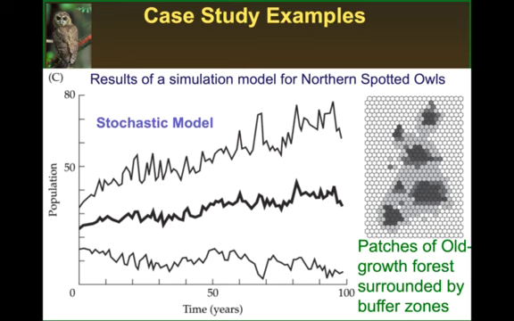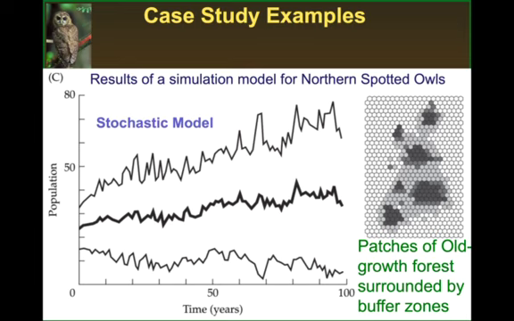The lower 95% confidence interval actually decreases down close to zero after 100 years, while the upper 95% confidence interval tends to increase over that time. And so there's a lot more uncertainty with this configuration than there would have been with the single old growth patch.